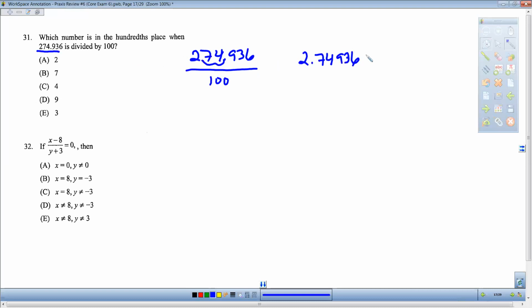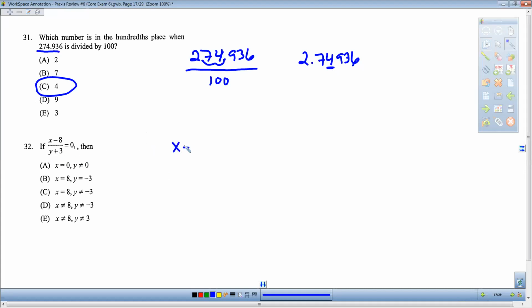So this number is 100 times smaller than this number. But it says which number is in the hundredths place when you do the division. Well, here's the tenths, here's the hundredths. Your answer is 4, so it's C.